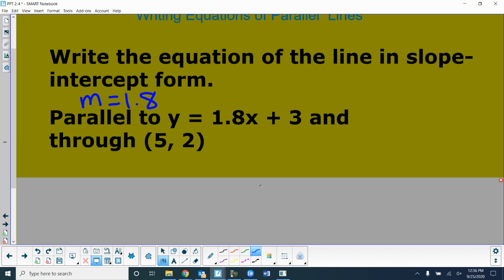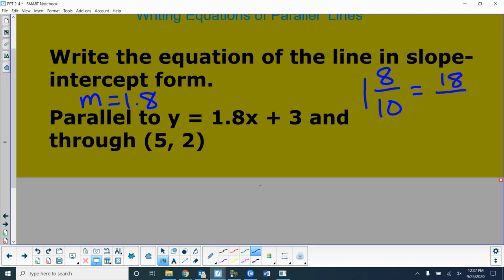How do I write that as a fraction? 1.8. How do you say that properly? Instead of 1.8, 1 and 8/10. Very good. How do I write 1 and 8/10 as a fraction, not a mixed number? 18/10, right? 10 times 1 is 10 plus 8.